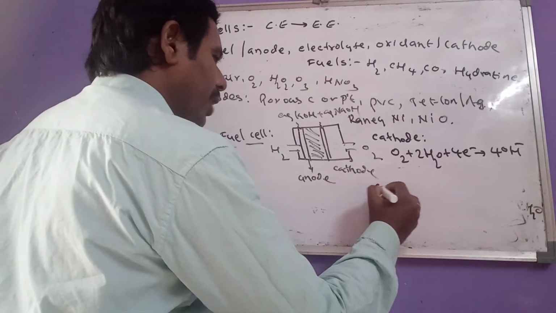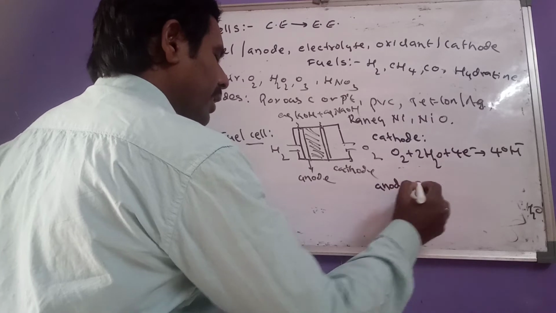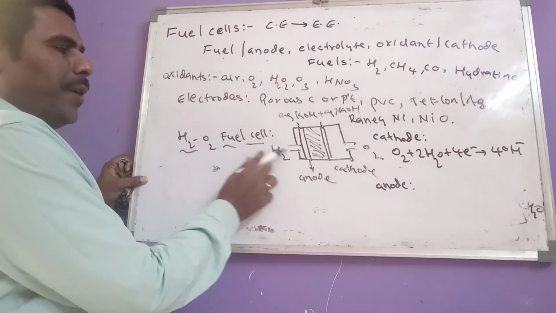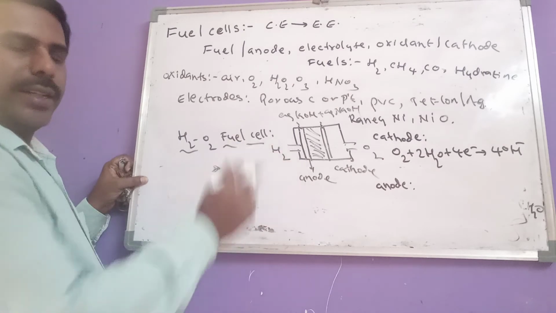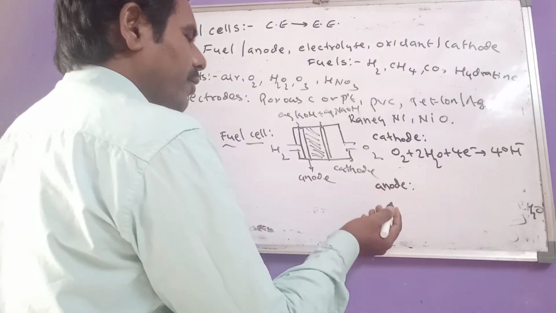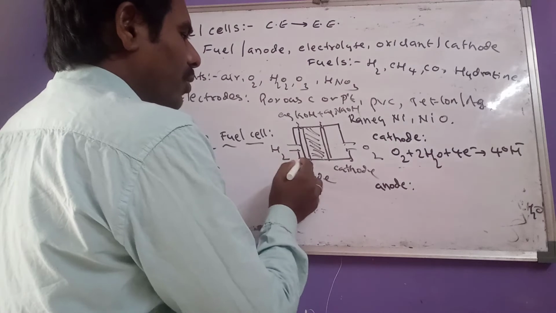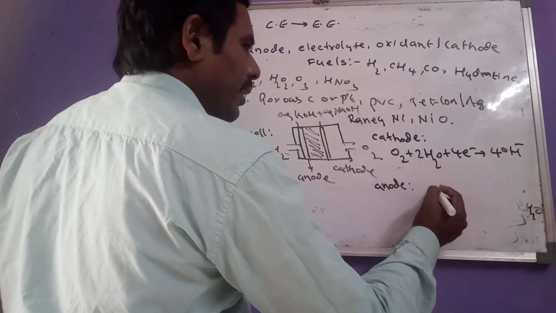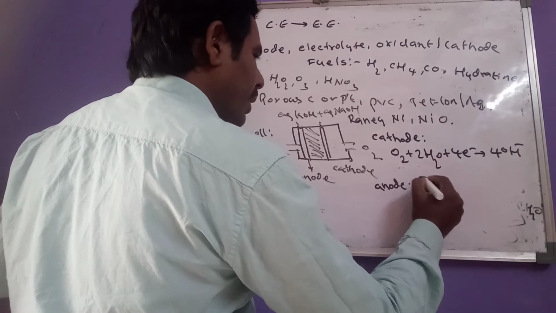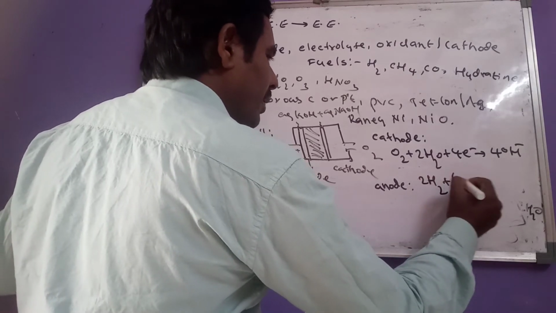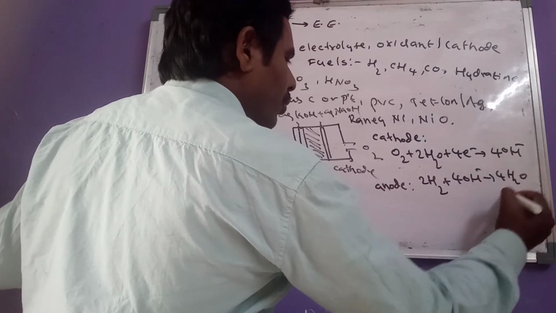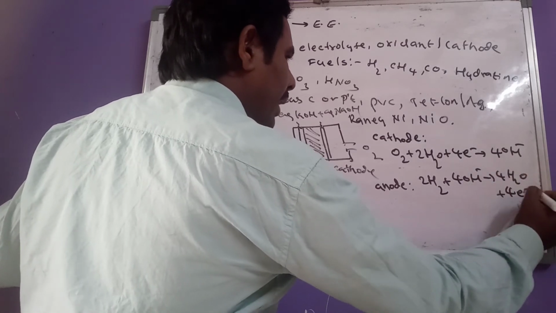And at the anode, what is the reaction? At the anode, hydrogen gas is passed near the anode, so hydrogen gas undergoes oxidation: 2H2 plus 4OH minus gives 4H2O plus 4 electrons.